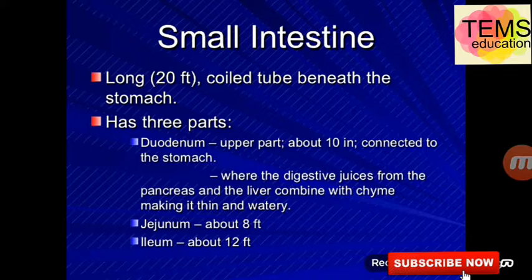The duodenum is the upper part, the middle part is the jejunum, and the last part is the ileum. The duodenum is about 10 inches and is connected to the stomach, and it is where the digestive juices from the pancreas and the liver combine with chyme, making it thin and watery. The jejunum is about 8 feet, and the ileum is about 12 feet.